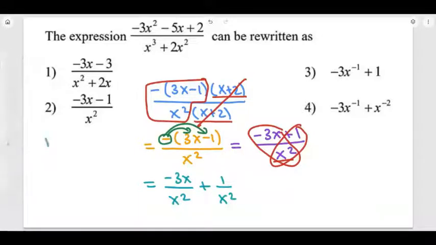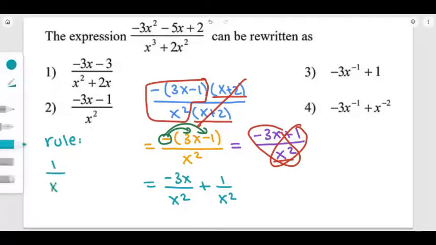Now we all know this rule. This rule says 1 over x to the power of n: any number that has a power and is in the denominator, if you want to switch it to the numerator, it's going to be x to the power of negative n. So the power is going to be negative.